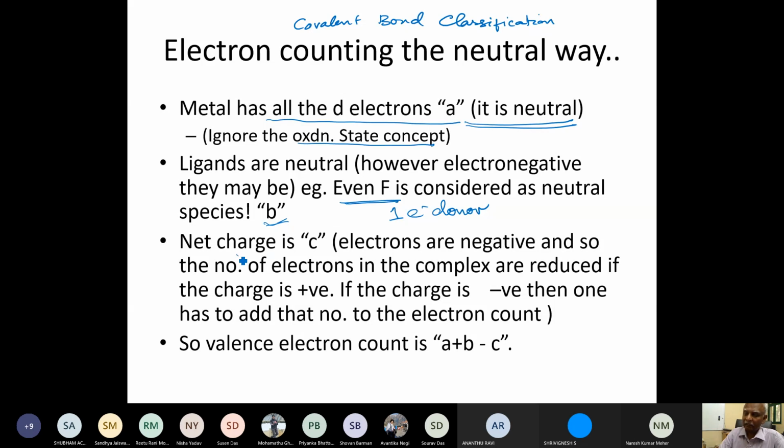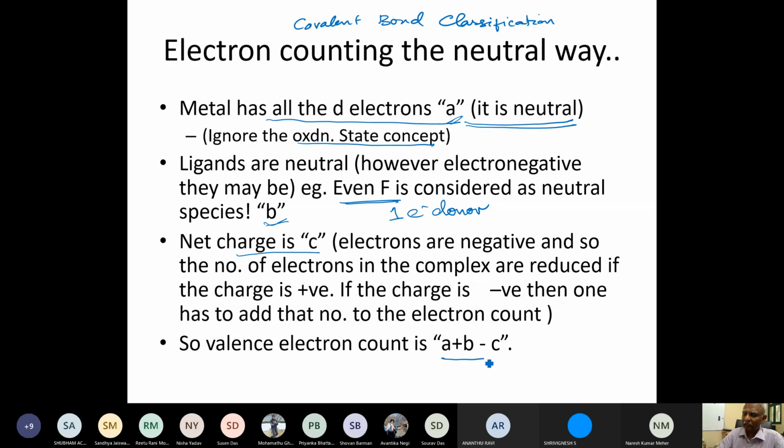All you have to do is to count all the electrons that will be involved in the bonding, all the electrons on the metal, A, plus all the electrons that are in the ligand which are pointed towards the metal, B, and you count everything, A plus B, and then you look at the net charge. If the net charge is negative, you add electrons. If the net charge is positive, you subtract electrons.